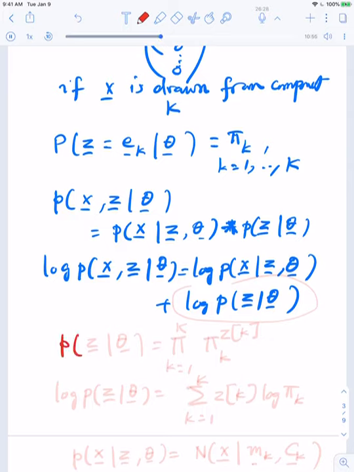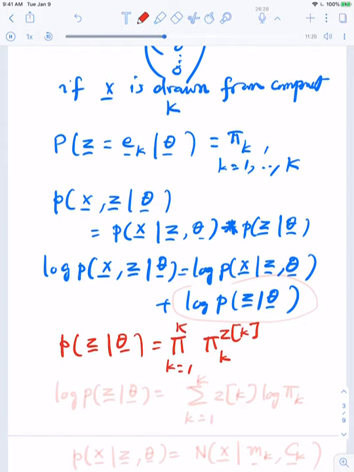Basically, if I want to write this compactly, exactly one of the components is 1 and everything else is 0. So this can actually be written as a product over all components of pi_k to the power of z_k, right?